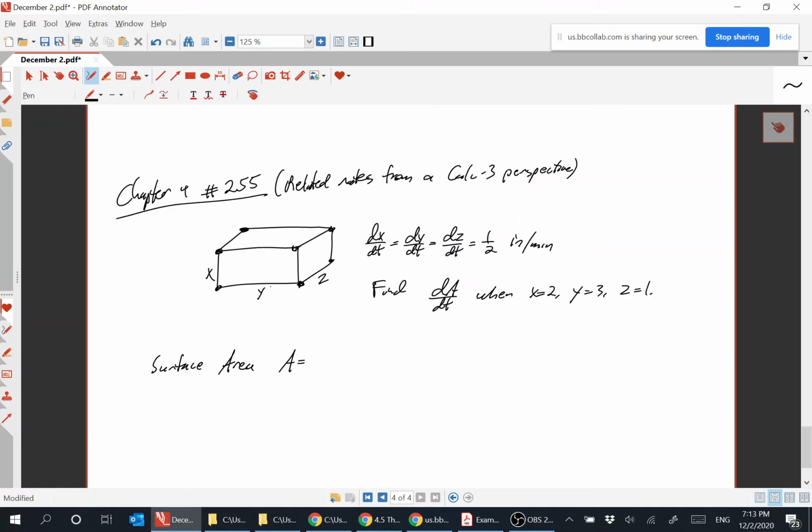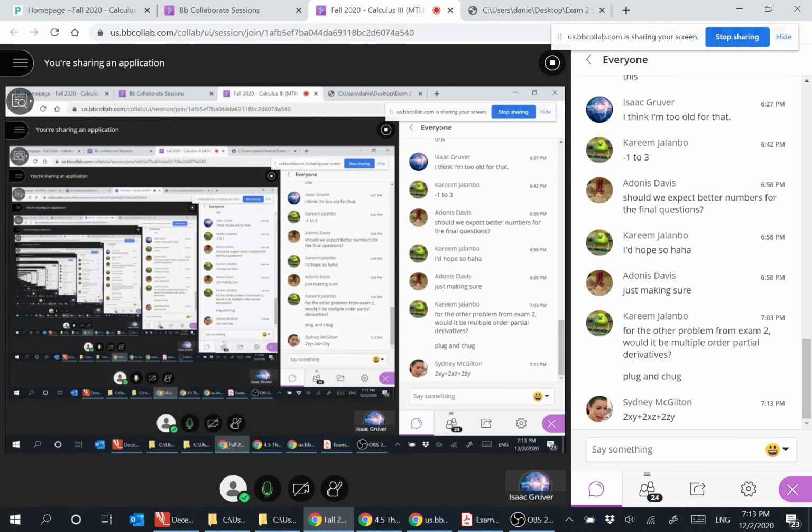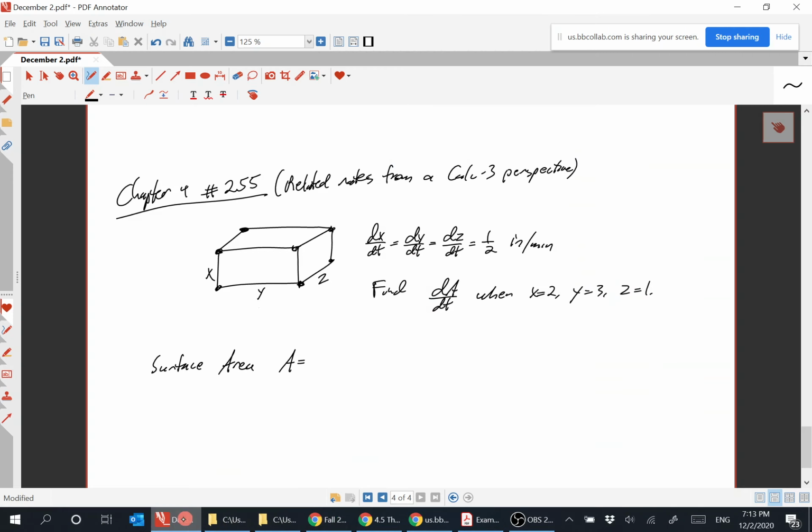Two xy plus two xz plus two yz. Yeah, exactly. So 2xy, that's for the front side and the back side, plus 2yz, that's for the bottom and the top, right? And then for the left and the right, it's 2xz.